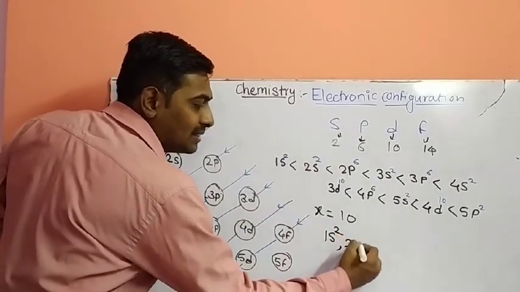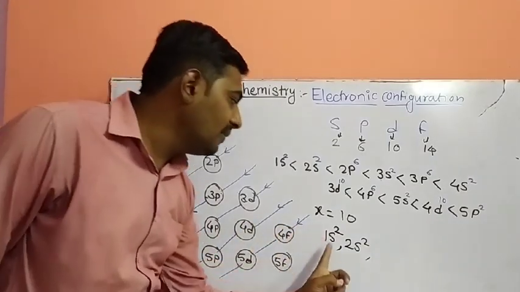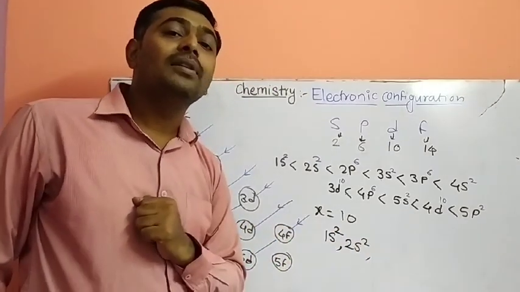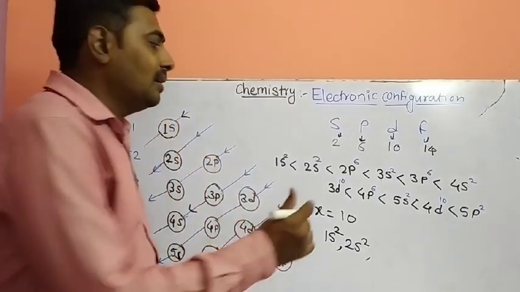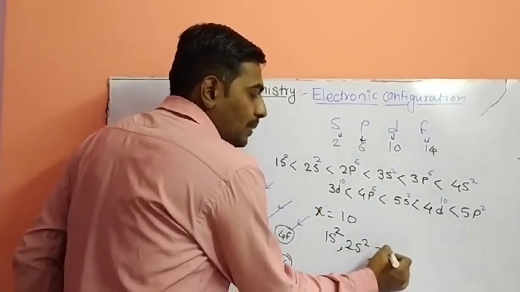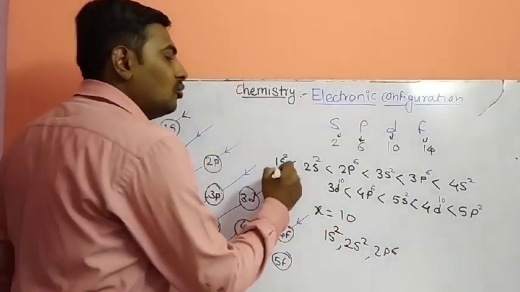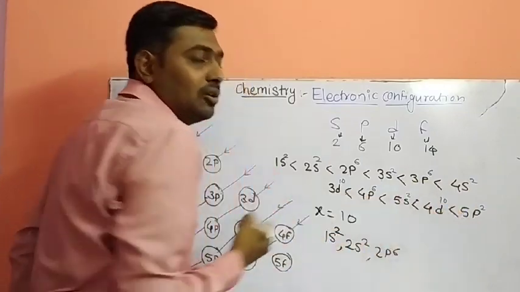Then 2s: the capacity is 2 electrons. Now 4 electrons have been placed, so 6 electrons remain. That means 2p6. So the configuration is 1s2 2s2 2p6. We have to follow this sequence to fill the electrons.